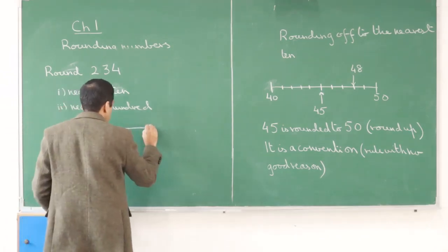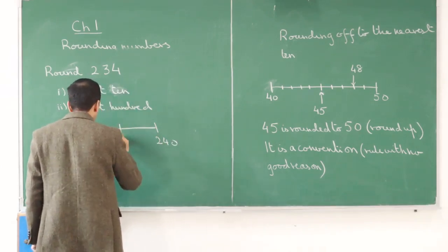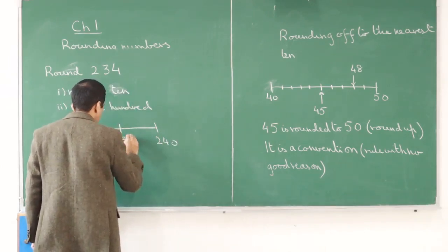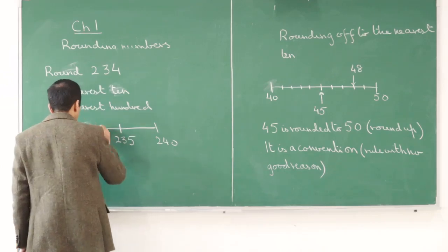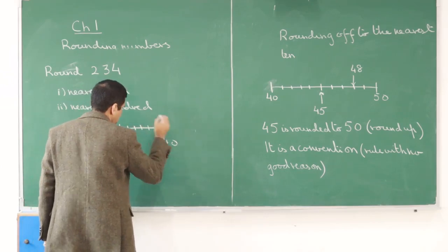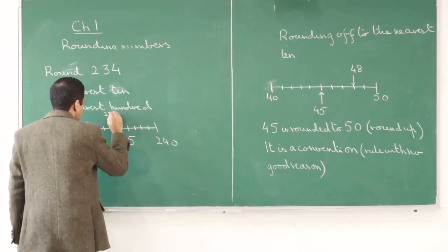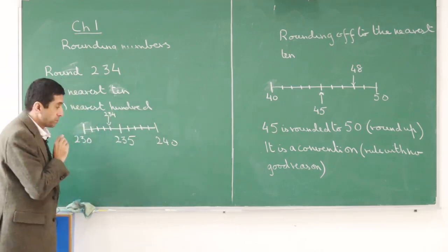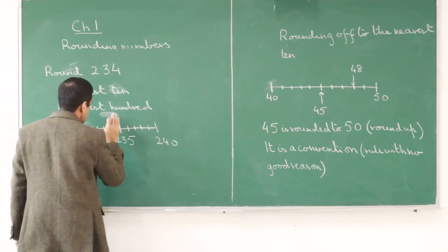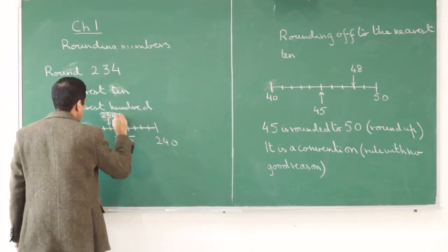So this is 230, this is 240, this is 235 in the middle, right? And I have 1, 2, 3, 4, 5, 1, 2, 3, 4, 5. So this is 234.